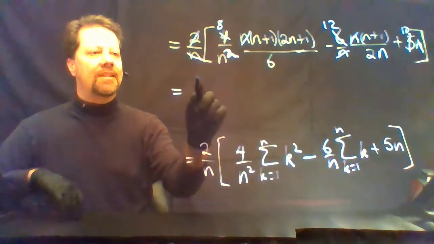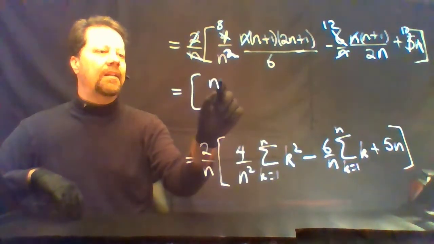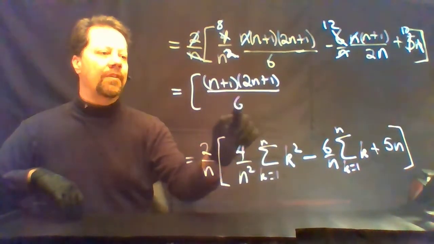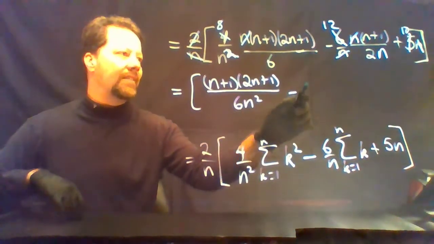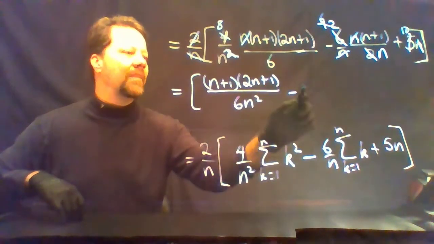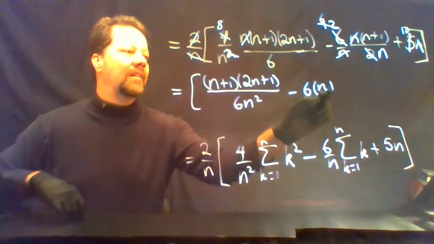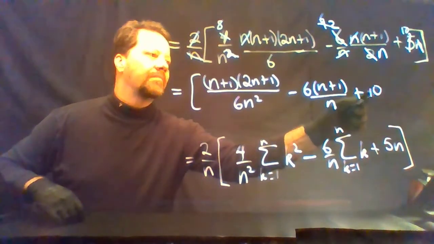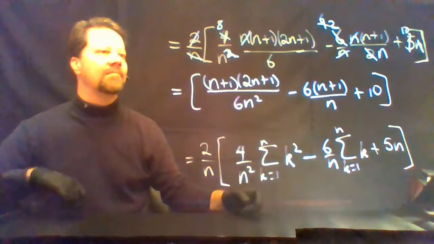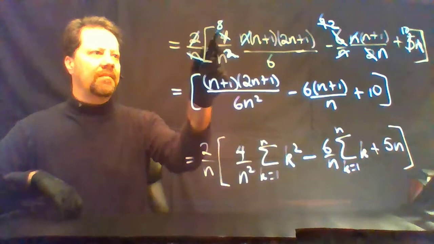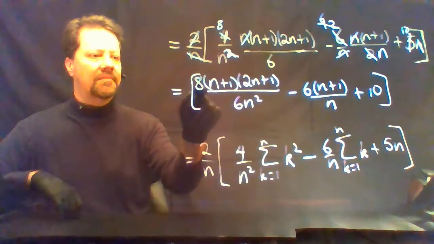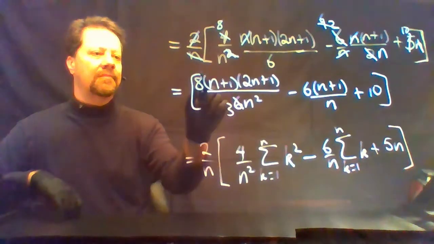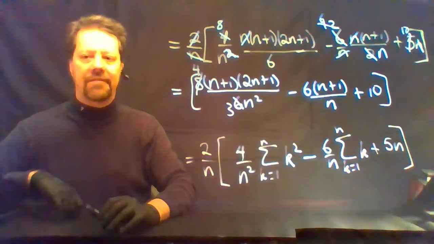As you can see, what's left over is n plus 1 times 2n plus 1 over 6n squared minus, I guess 2 cancels here, giving us 6 n plus 1 over n plus 10. What's missing? I'm missing my 8. This 8 and the 6 can cancel. So we'll have a 4 in front there.